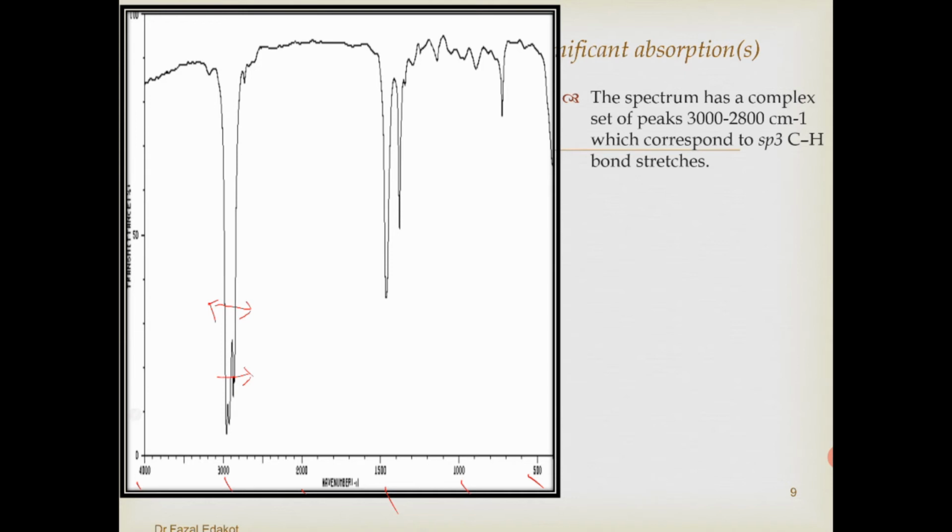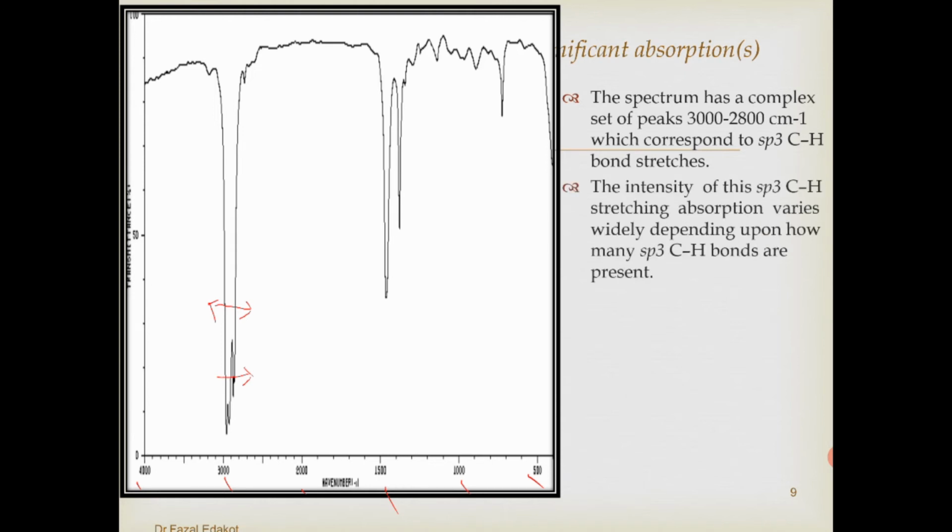I hope you have learned the theoretical background of the IR spectrum. What are the possible vibrations that could happen for this sp3 C-H bond, and the possible vibrations will lead to the particular peaks in the IR spectrum. So we'll take all together for the sp3 C-H. That's what is represented at 2800 to 3000.